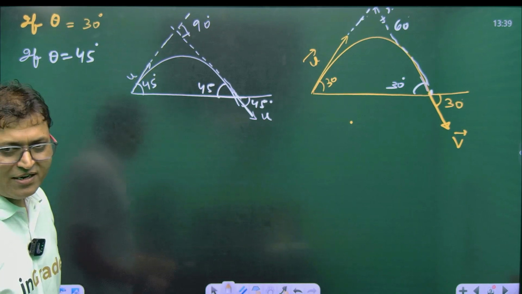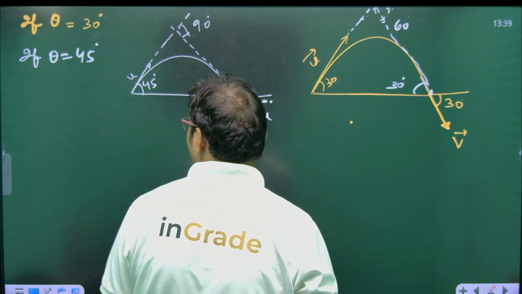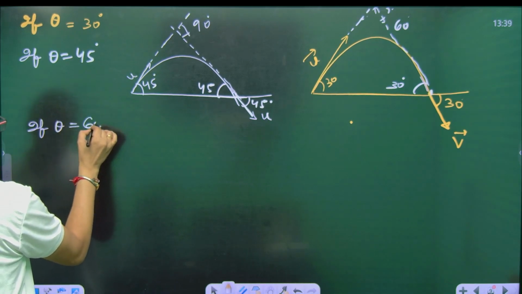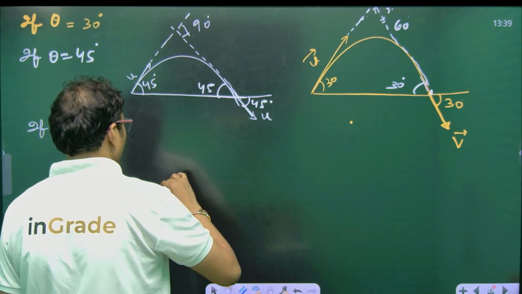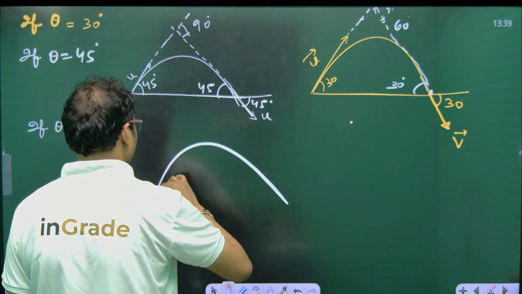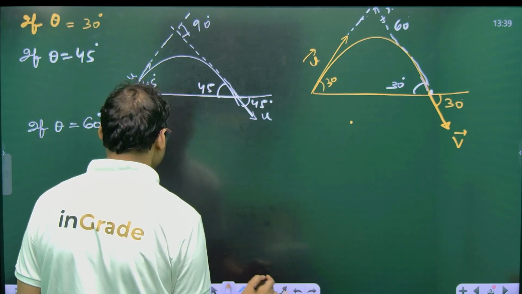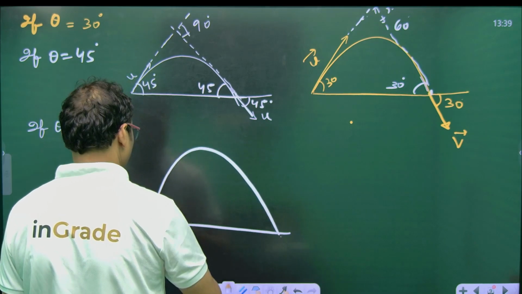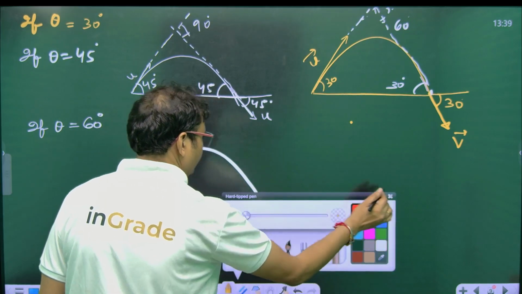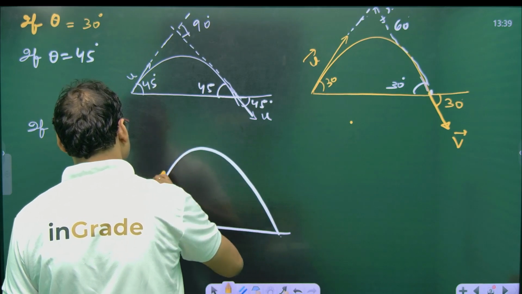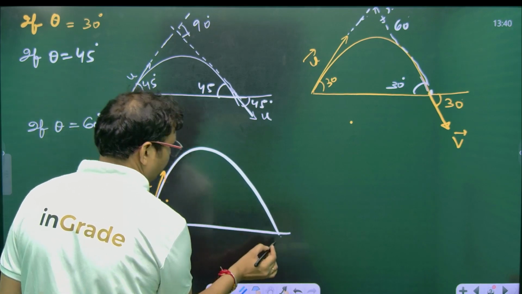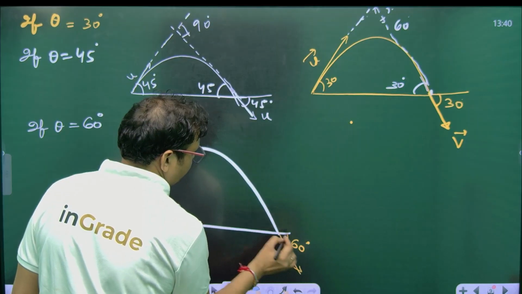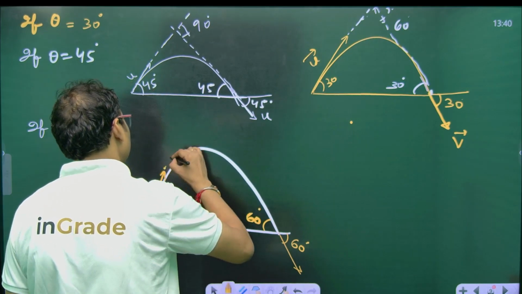The angle between both the velocities will be 90 degree. If theta is, let us say, 60 degree, look, this is u, it is making an angle of 60 degree, so this should also be 60 degree.